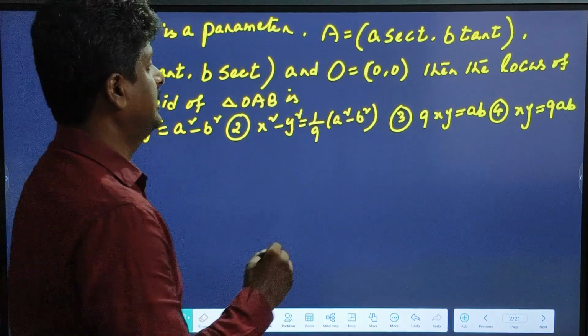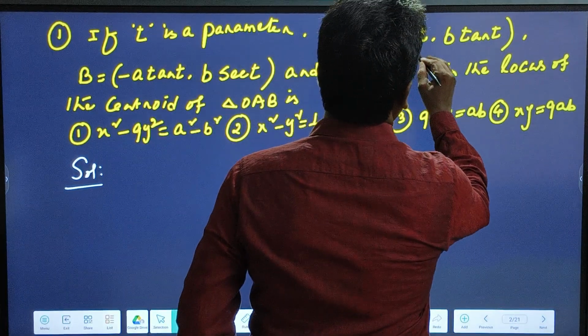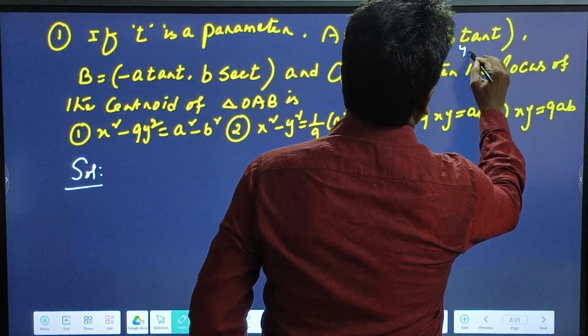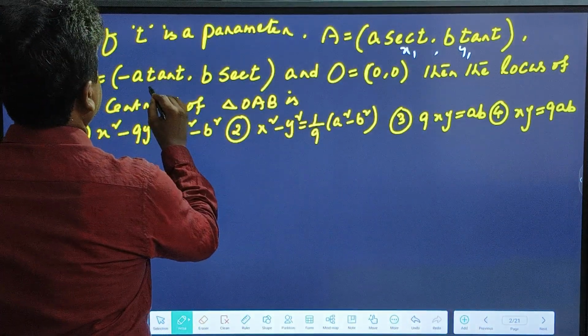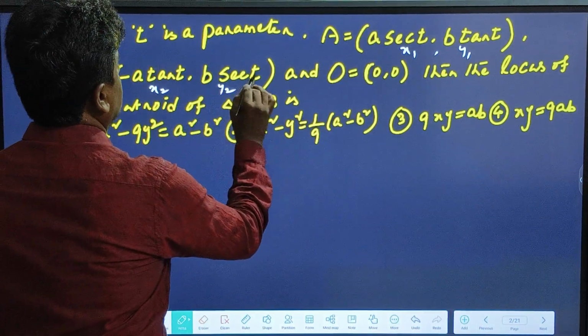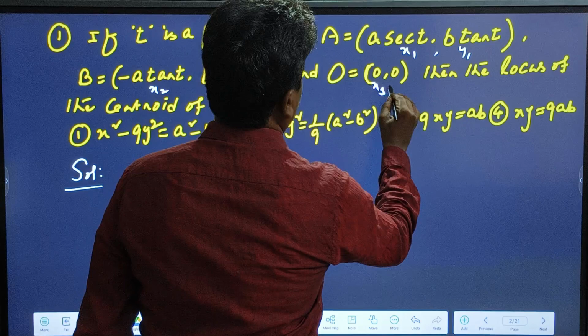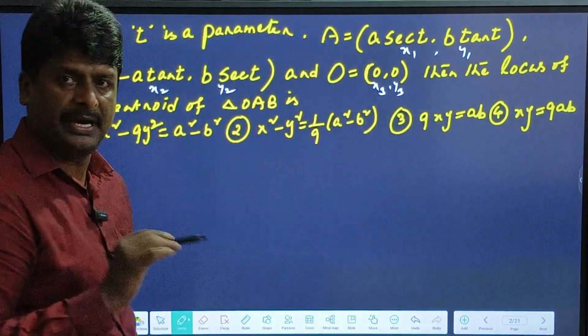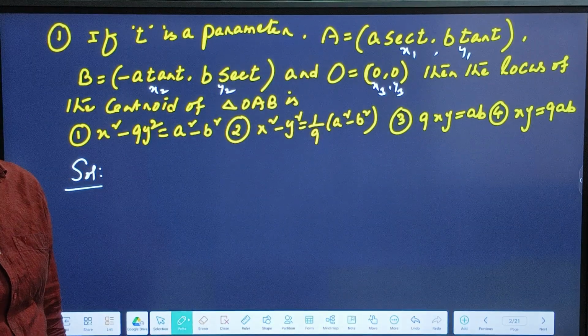We know very well that in locus problems, whenever a parameter is given, the final locus equation is obtained by eliminating the parameter.